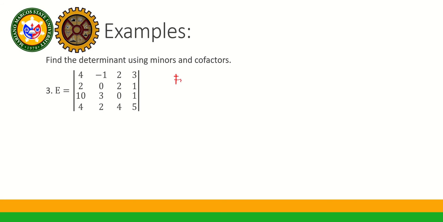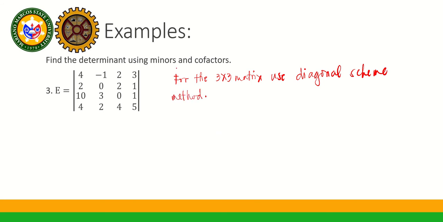Tapos, for the 3 by 3 matrix, use diagonal scheme method. Okay, so this is sit work. Okay, so that will be your sit work.